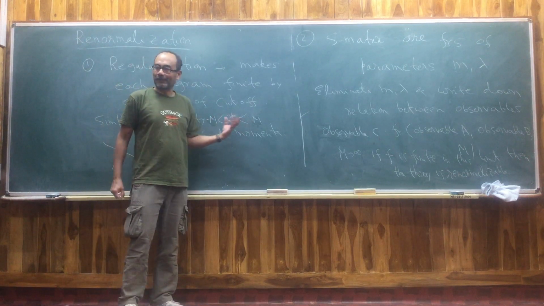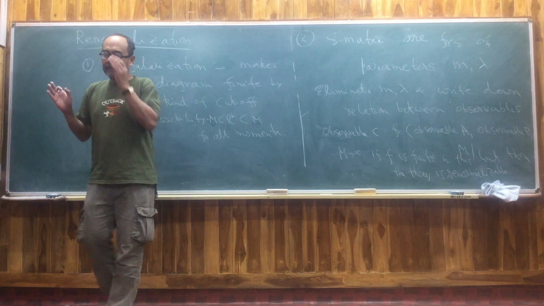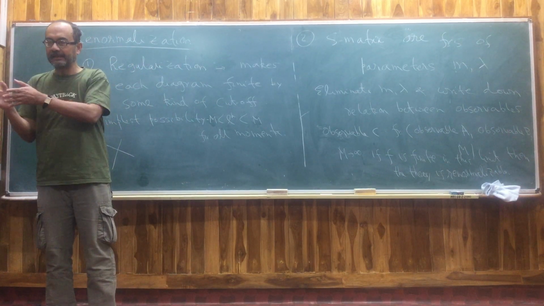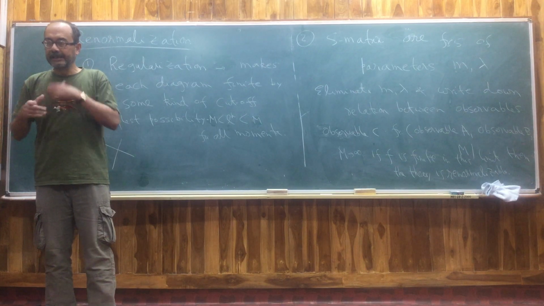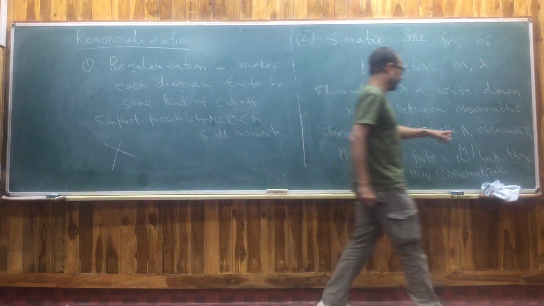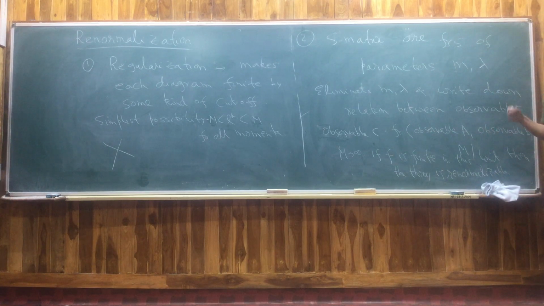This is distinct; it is just a cutoff parameter. Now we eliminate the mass parameter and the coupling parameter in terms of physical observables, observables A and B, which could be the physical mass and physical 4-point coupling, but it could be anything else. Take any two observables and write a relation like this. Now you take the cutoff to infinity, and ask if this is a finite function.